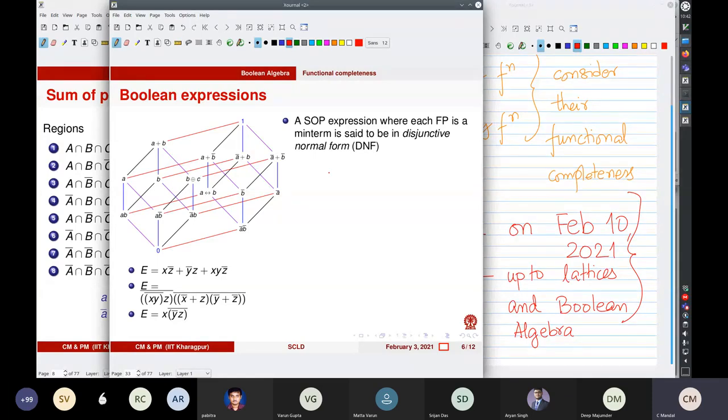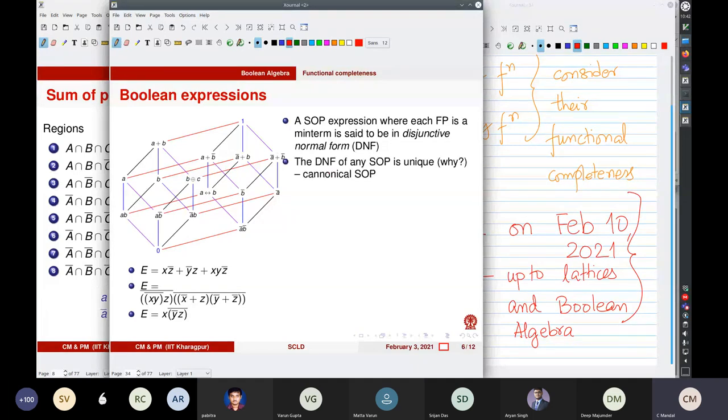I've just given examples of various Boolean expressions. A sum of products expression, where each product is a min term, is called the disjunctive normal form. It's also called a canonical sum of products.